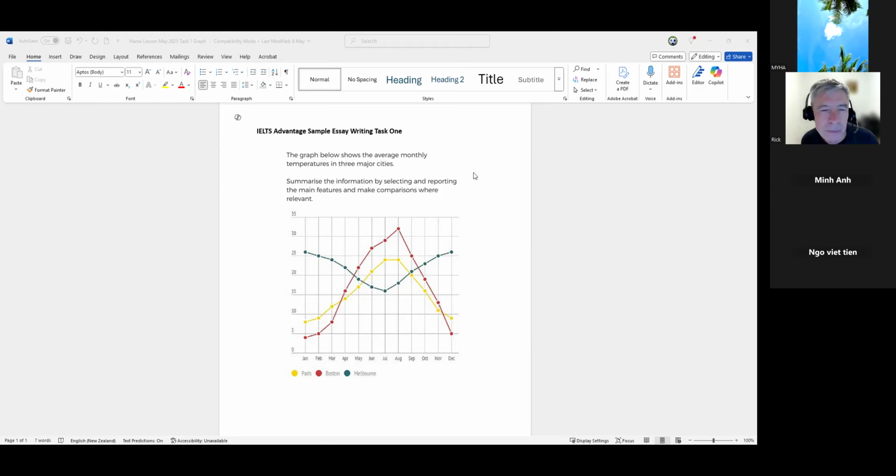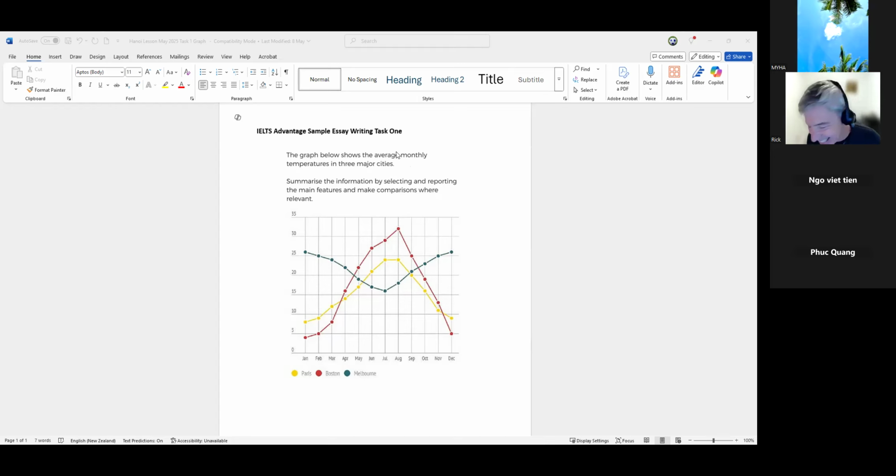Illustrates. Good. The graph underneath illustrates. Kwang, what can we say here? The graph underneath illustrates the average what? You can't remember? Viet Tien, can you remember what we did with this? The average temperatures. There's a new word we need to put in here.